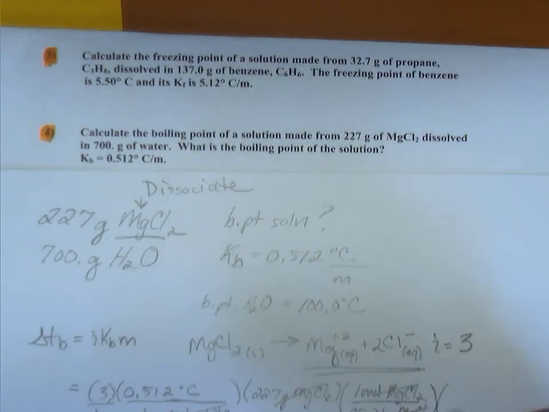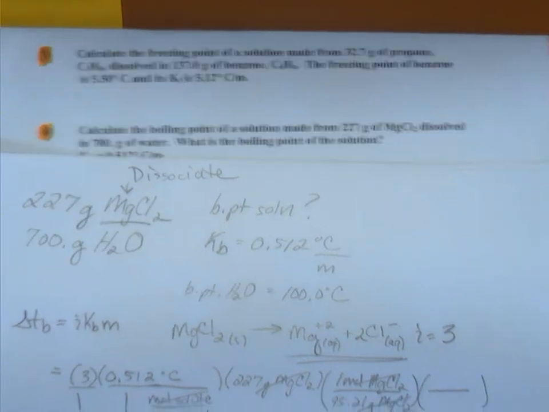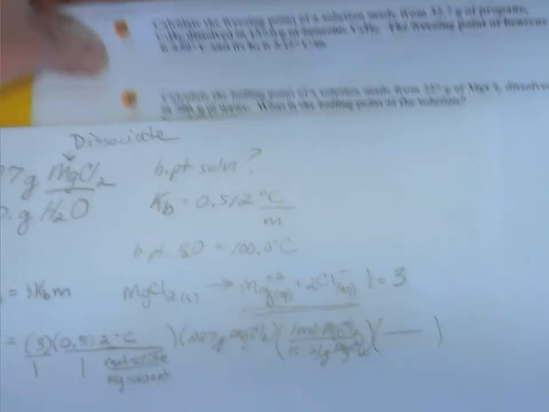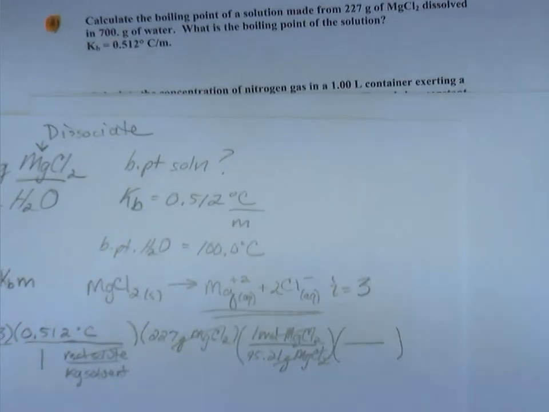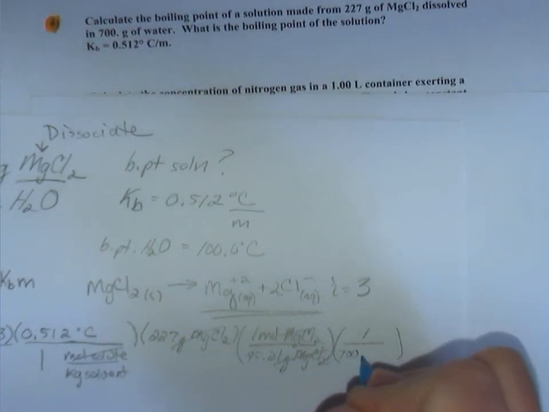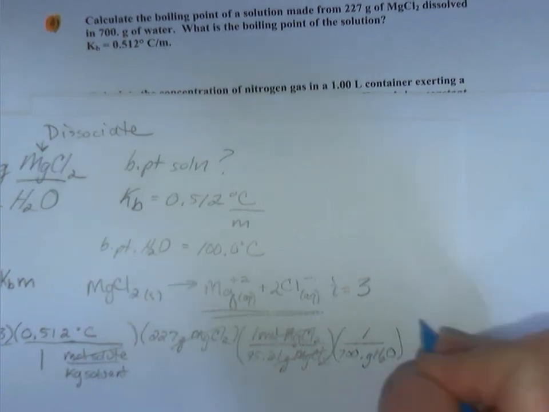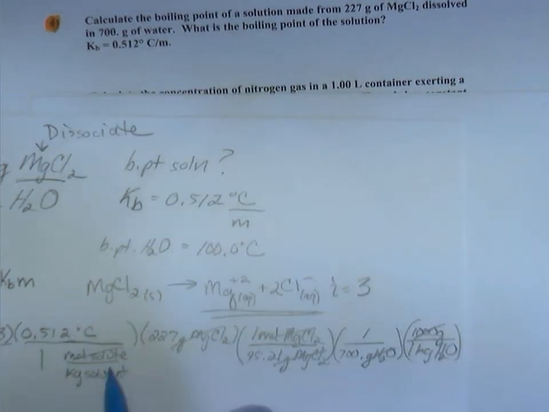And we know that is per kilogram of solvent. So the amount of solvent is 700 grams of water, but we need kilograms. And we know then that will cancel out kilograms, and then I'll get my degrees Celsius.